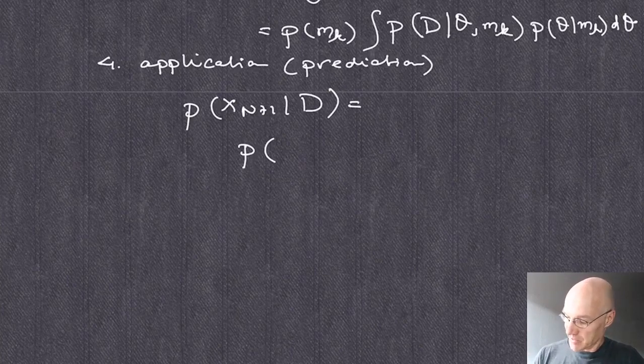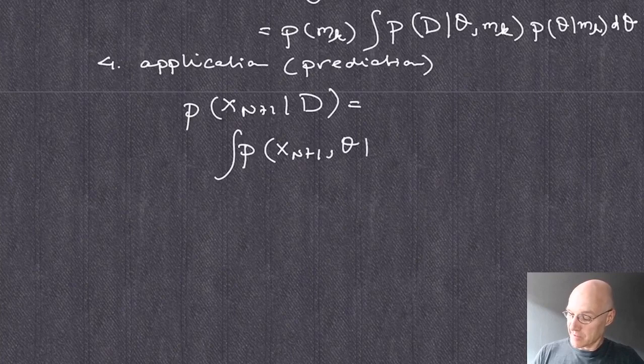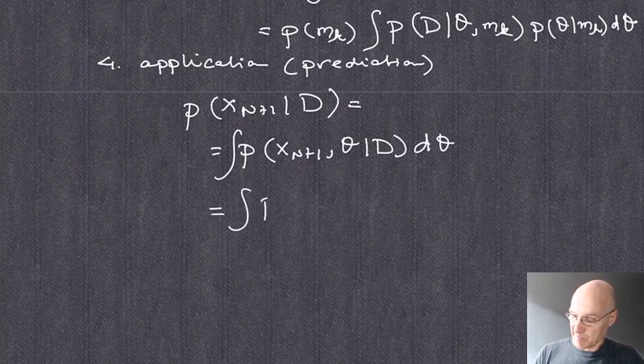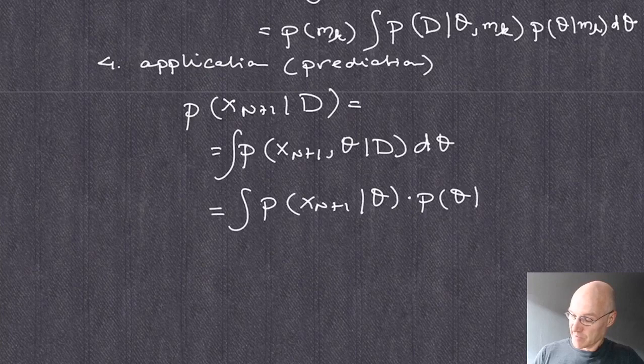So this is simply the integral of P of x n plus 1 given theta times P of theta given the data d theta.